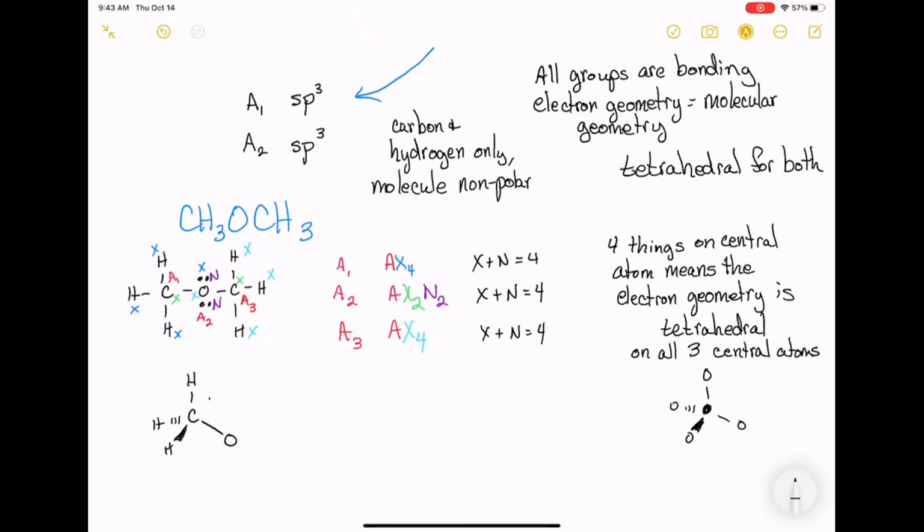You have 2 lone pairs on that oxygen. And then you got your carbon.